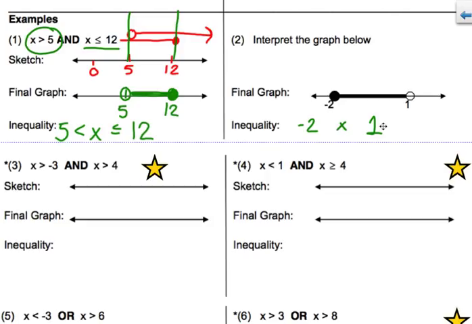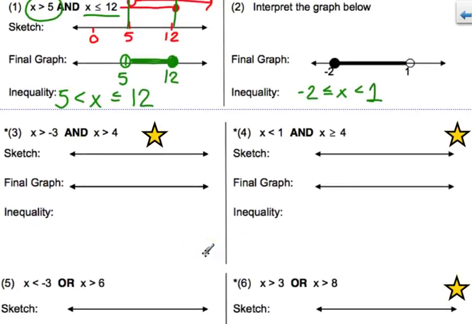And then I need to pick my inequality signs. This 1 is not closed in, so it's just less than. And then this last one is equal to, so I'm going to have an equal to under that -2. So you will always have less than signs if you write your bigger number on the right and your smaller number on the left.